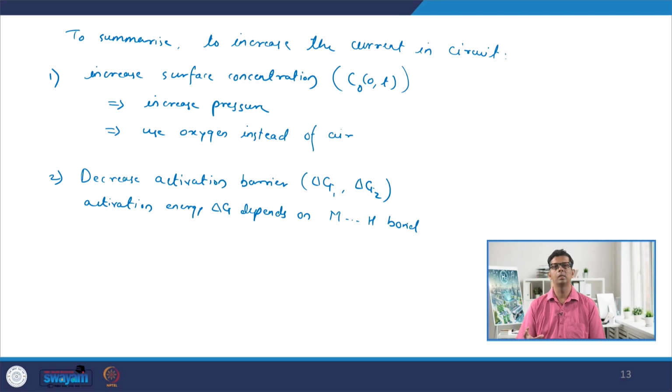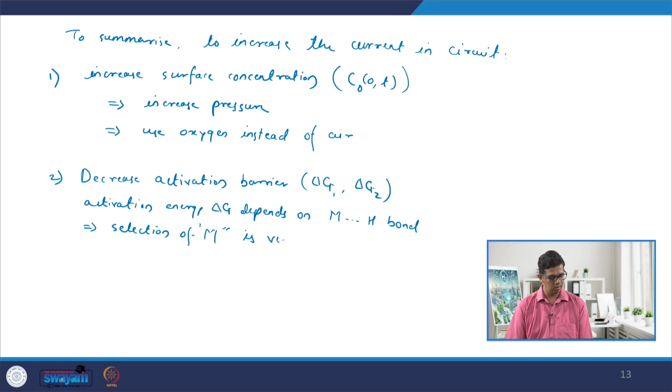So, how is this hydrogen chemisorbed on this metal nanoparticle? This bond decides what is the activation energy of that particular reaction. So, that is why, in other words, selection of this metal M is very important.